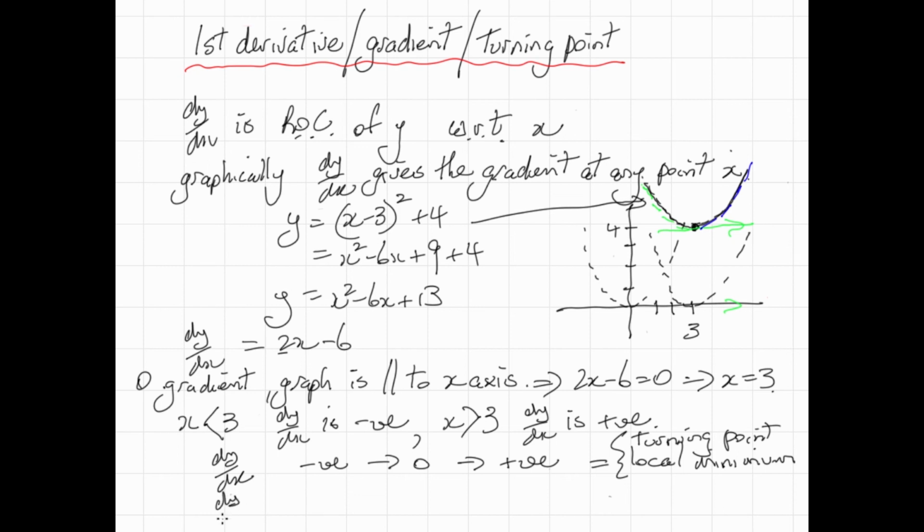When dy dx goes from positive to 0 to negative, we also have a turning point. In this case, it'll be a local maximum.